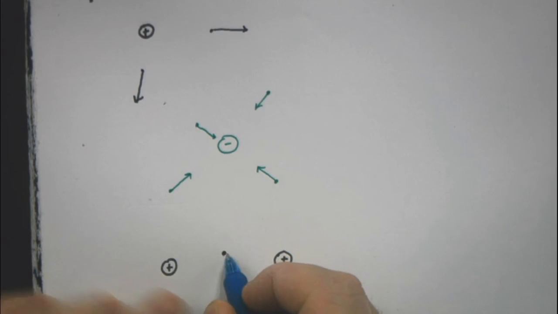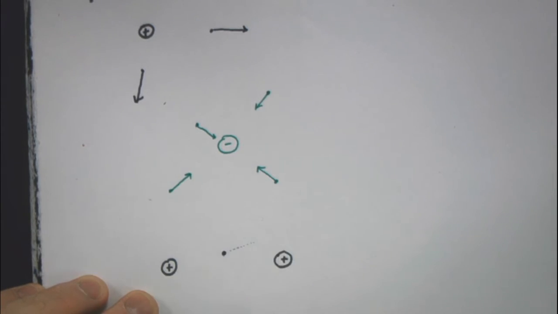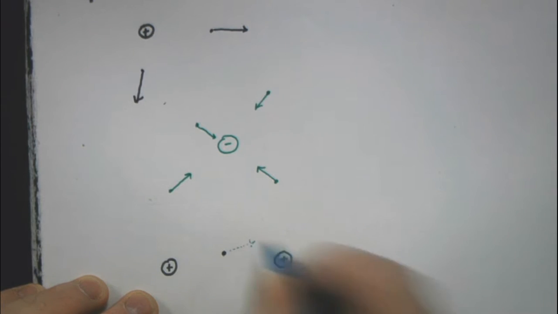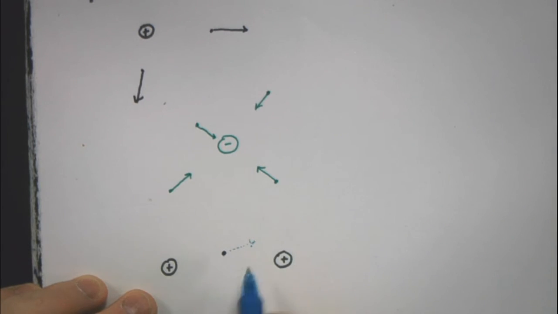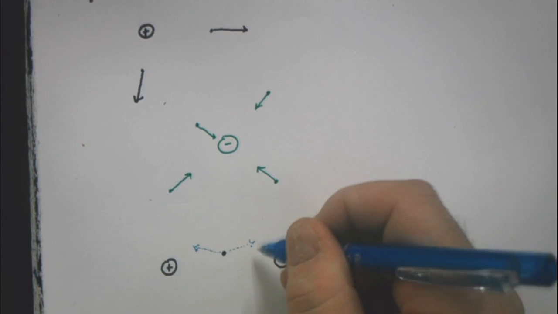This is going to experience a force coming from this one, that would go in that direction. And this one would experience a force from that one, going in that direction. The left and right parts are going to cancel each other. This is in the negative direction to the left, and this is in the positive direction to the right. They cancel each other, but they both experience a force going up.